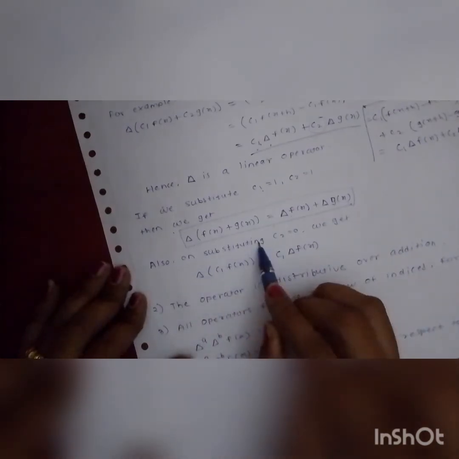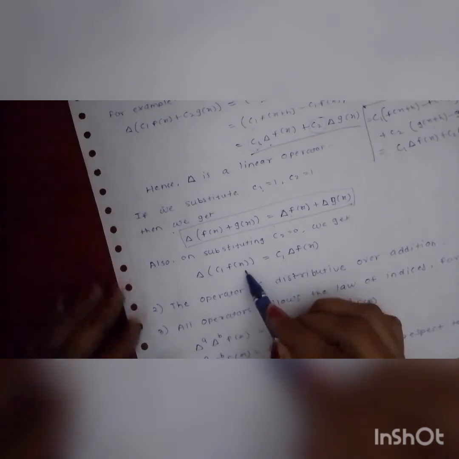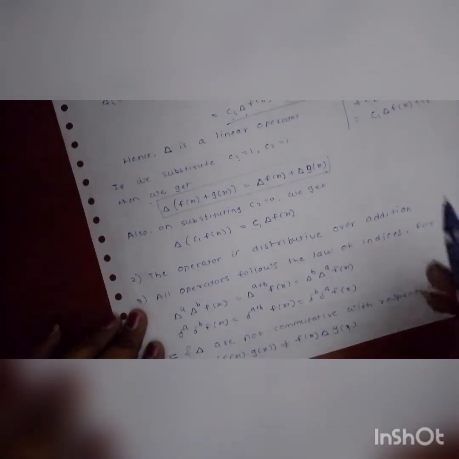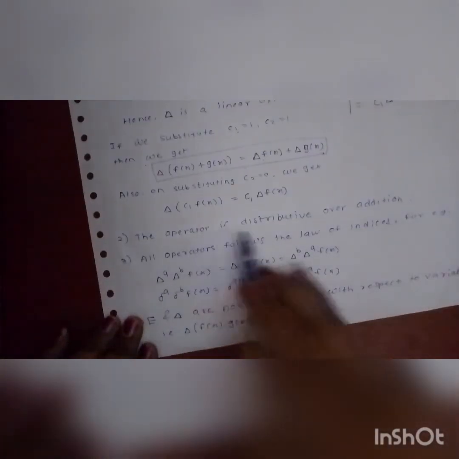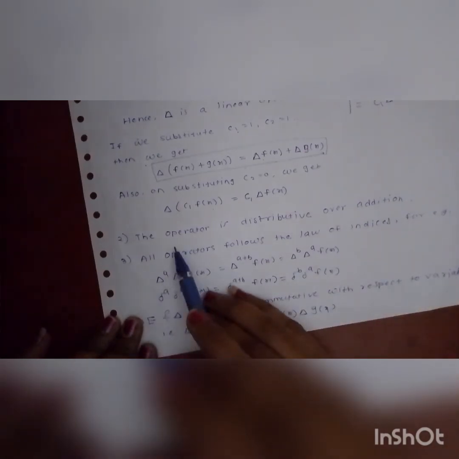Also, on substituting c2 equals 0, we get delta of c1 f of x equals c1 delta f of x. The second property is that the operator is distributive over addition, that means it satisfies the distributive property over the operation of addition.